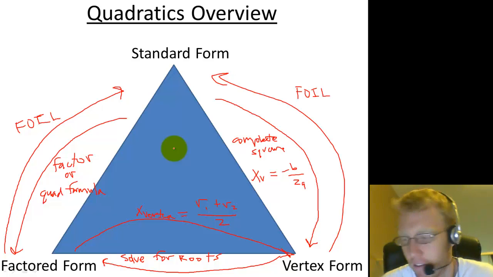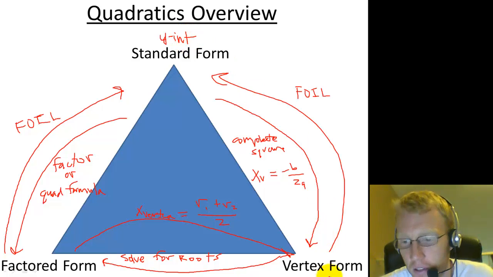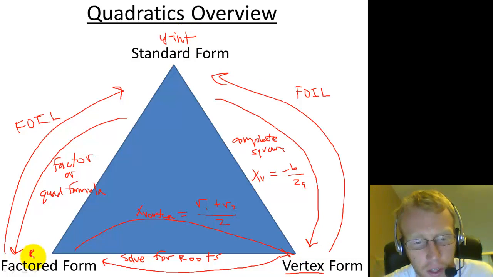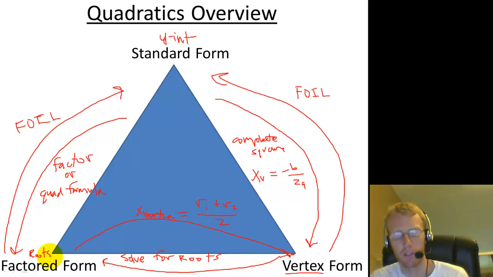Standard form helps you get the y-intercept. Vertex form helps you get the vertex, obviously, and factored form helps you get the roots. All three forms allow you to see what the stretch factor is, and there are more ways to find the vertex, y-intercept or roots than strictly converting into a certain form.